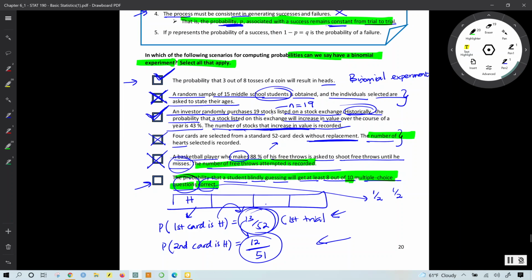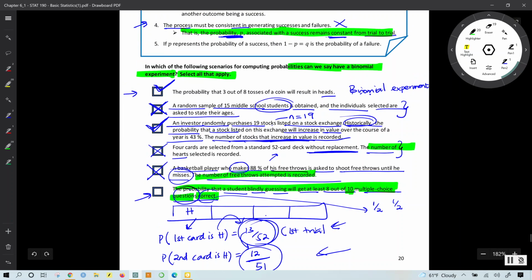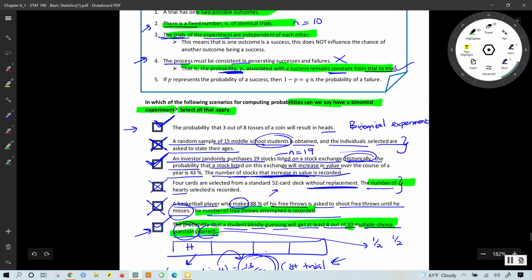So the probability of success is constant, and this is definitely a binomial experiment. With that, we have spotted the binomial experiments here. This is good, bad, bad, and good. These are the binomial experiments here.